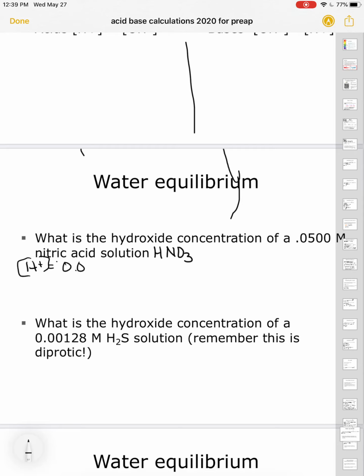So my H plus is 0.0500 molar. So my hydrogen times hydroxide is going to be equal to 1.00 times 10 to the negative 14 molar.